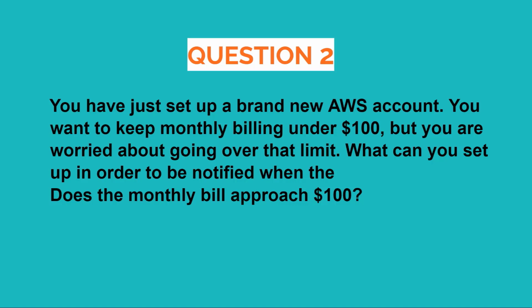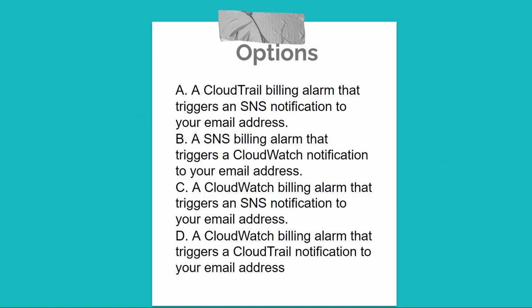Question. You have just set up a brand new AWS account. You want to keep monthly billing under $100, but you are worried about going over that limit. What can you set up in order to be notified when the monthly bill approaches $100? Option. A. A CloudTrail billing alarm that triggers an SNS notification to your email address.